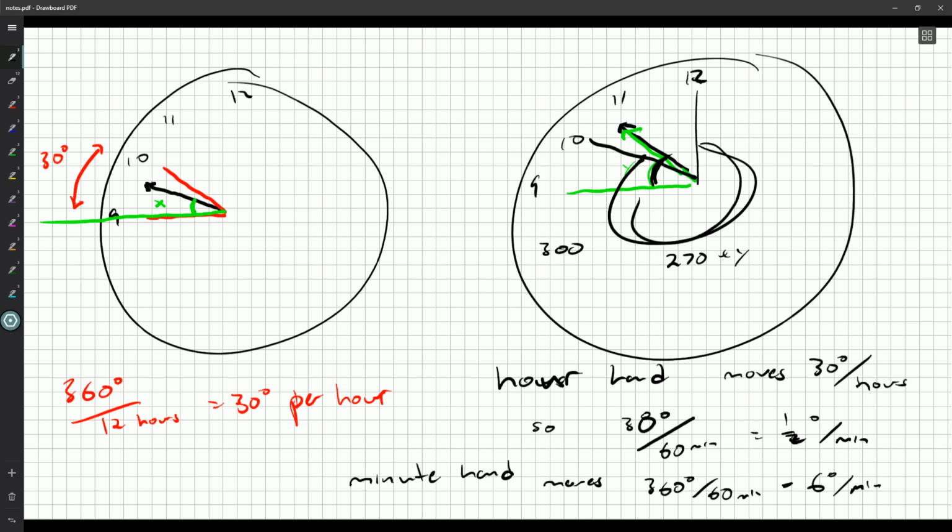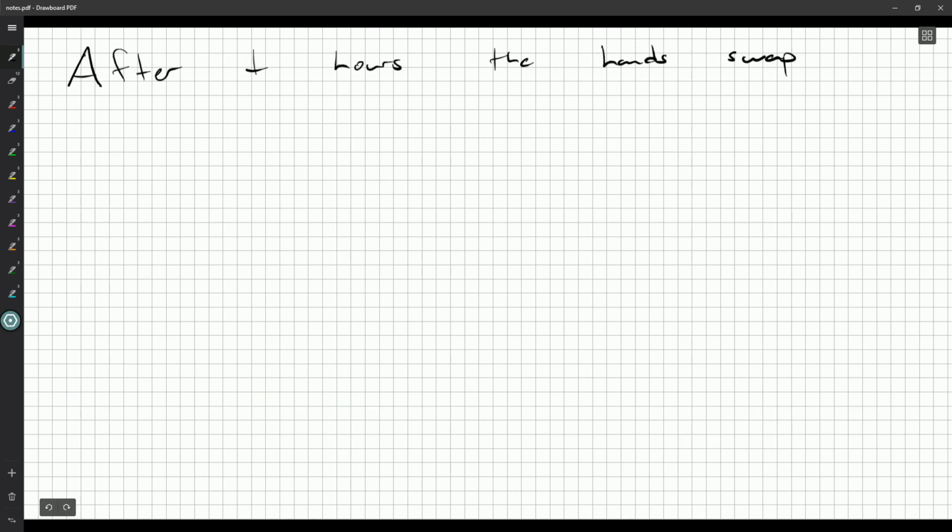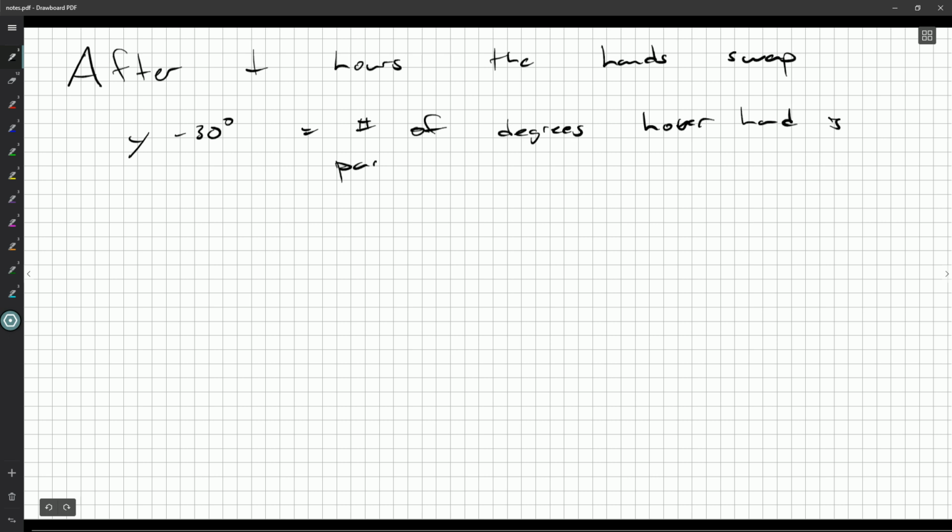And so y minus 30 is the hour hand moving past 10. So that gives me the number of degrees that the hour hand is past 10.